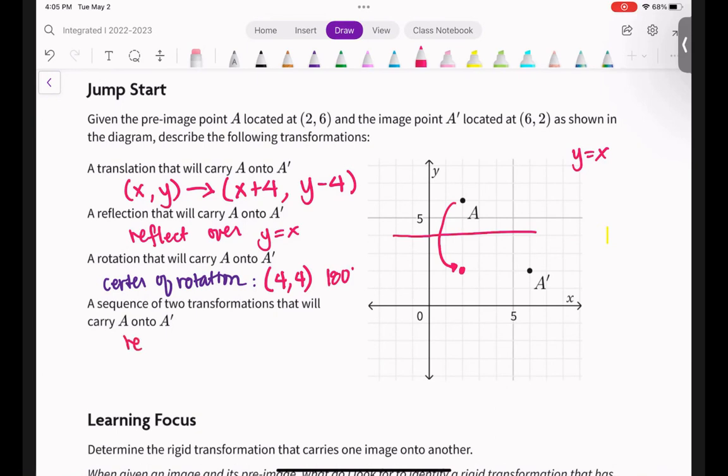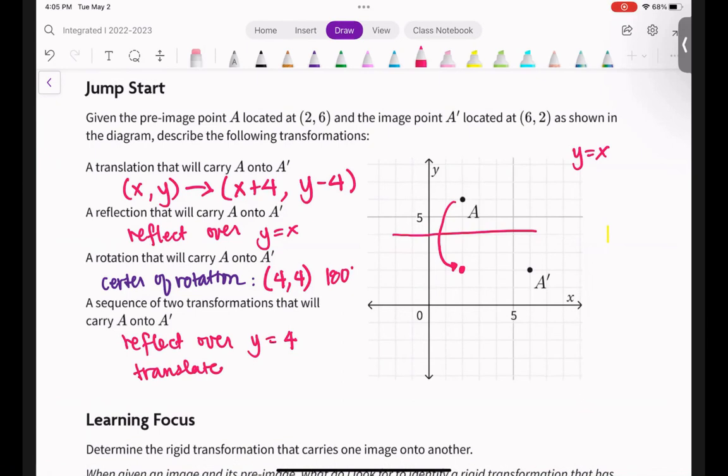I can reflect it over y = 4. That's that line. And then I can translate it so that it goes right 4.